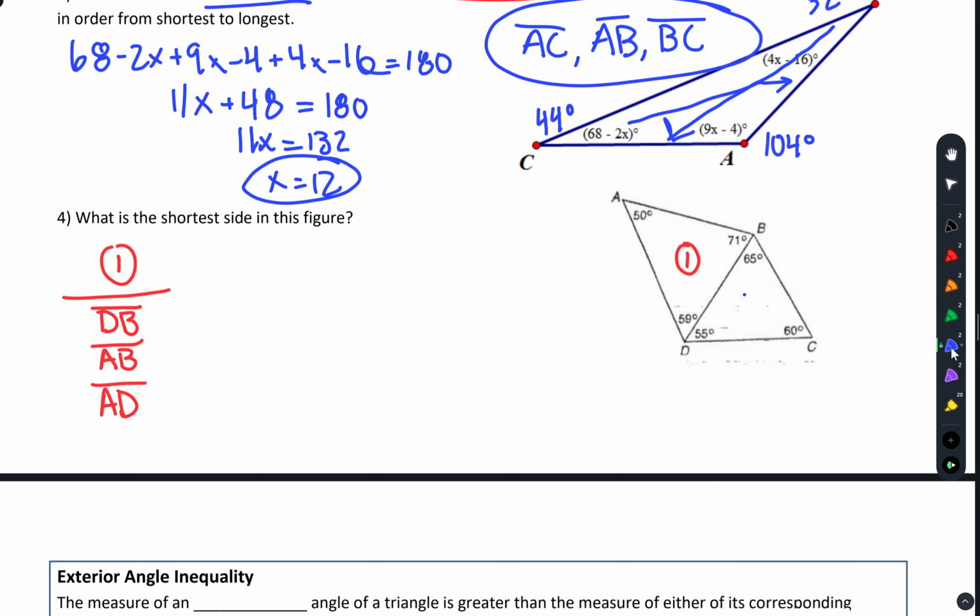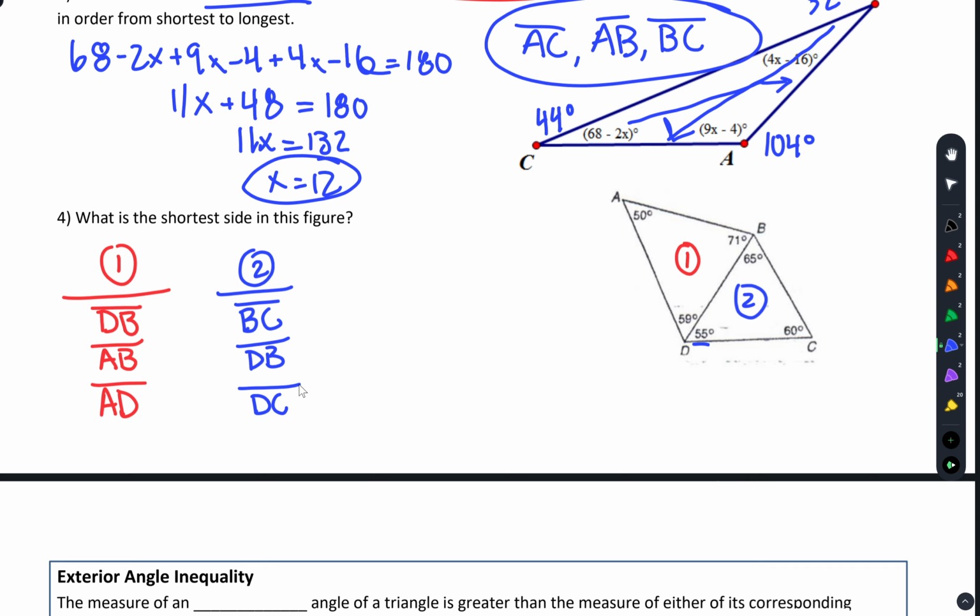Let's take a look at triangle 2 and do the same thing. The smallest side in that triangle is across from the smallest angle, which is 55. So the smallest side here should be BC. The next smallest angle is across from the 60, so that's DB. And then the largest side, across from the largest angle, is DC.